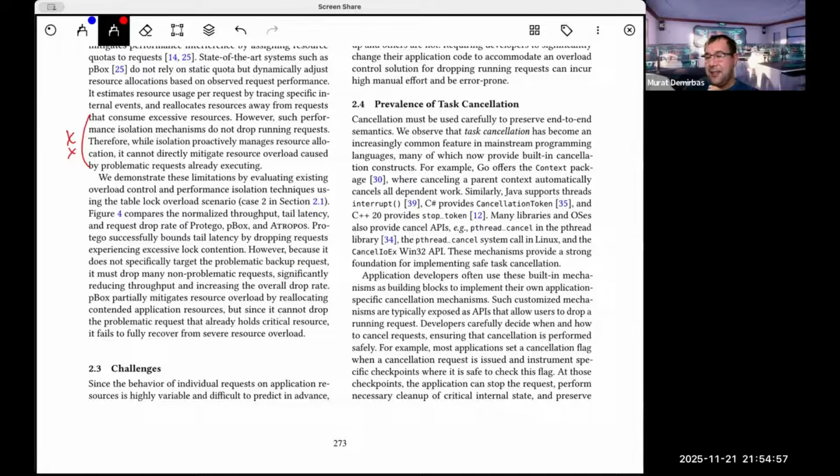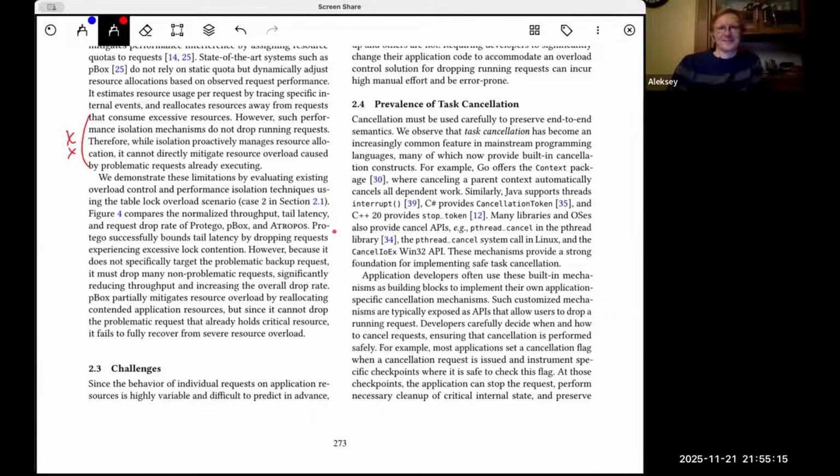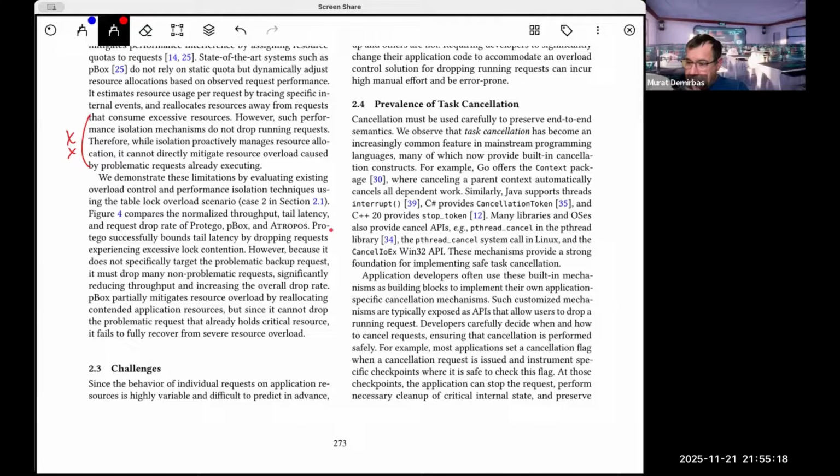It says, okay, here are two things we tried, and we see contention. They are contending, and these are the existing two approaches. We are going to retry them on the contention cases that we have, and show you what happens. Protego successfully bounded tail latency by dropping requests experiencing excessive lock contention.